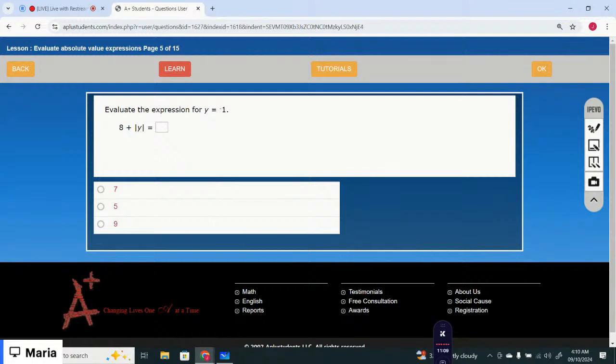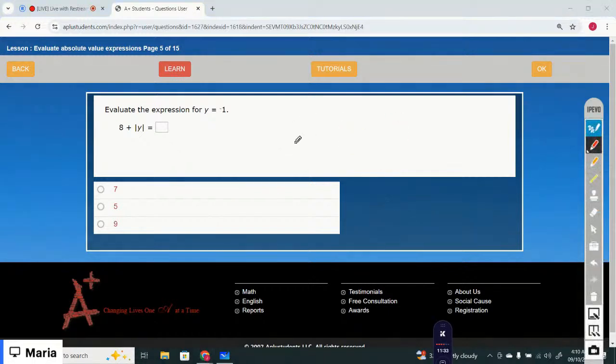Evaluate the expression for y equals negative 1. So which is the correct option? That is y equals negative 1.